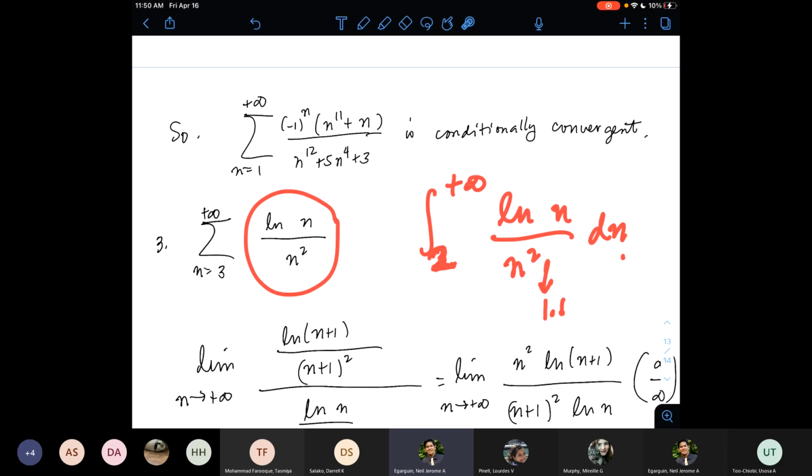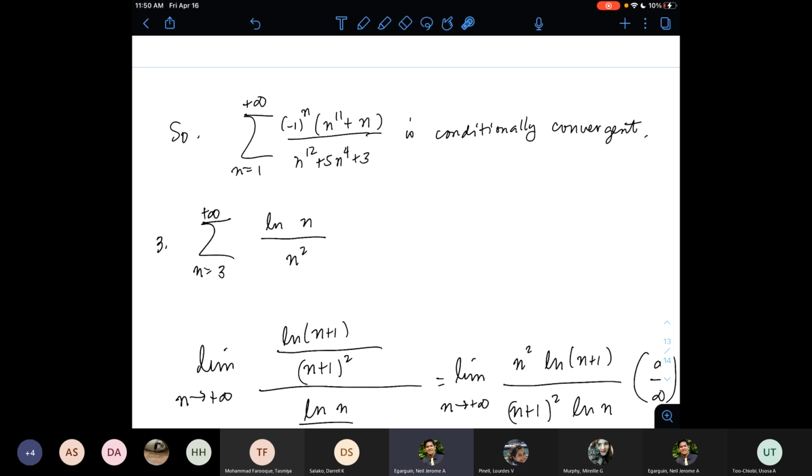Here you'll need to use integration by parts. Yeah, but that improper integral will be finite, I guess. If we start at 2, let me do a quick calculation. I think the integral would be ln 2 plus 1 all over 2, which is finite. So here, use the integral test.